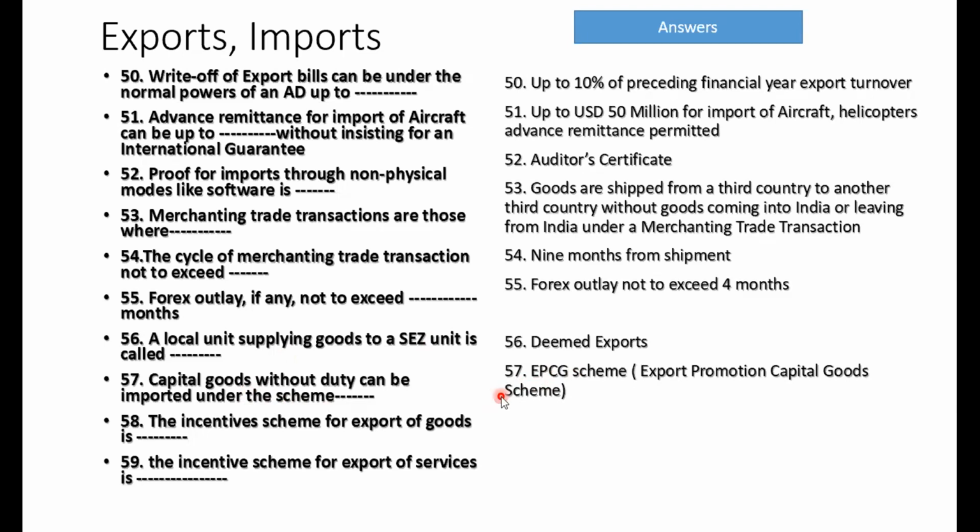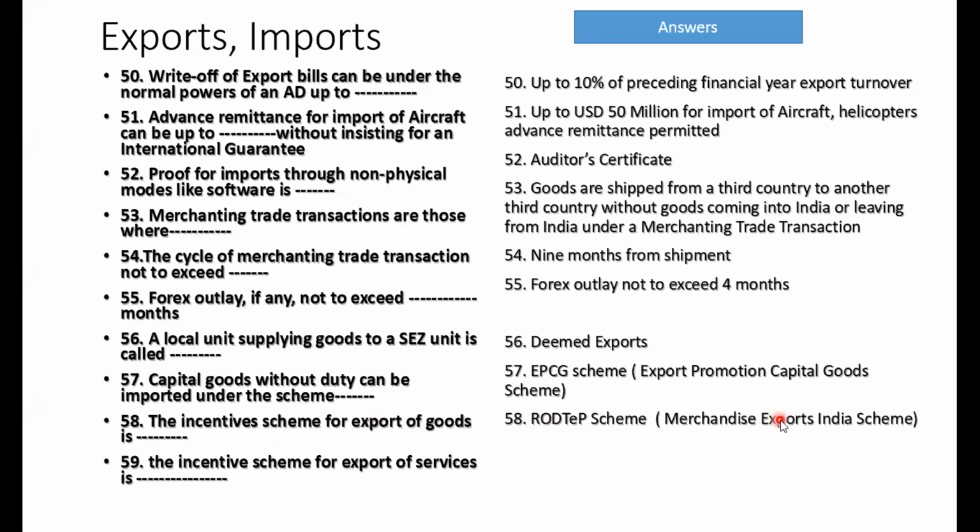And EPCG also they are asking. Because anything can be asked, the incentive schemes for export of goods. Now RoDTEP is a new scheme. Like, I think, some SME bill discounting also, one new scheme has come. Similar way, this new scheme you have to remember, because sometimes they will ask on a new scheme. What's the new scheme? RoDTEP, the Remission of Duties and Taxes on Export Products.